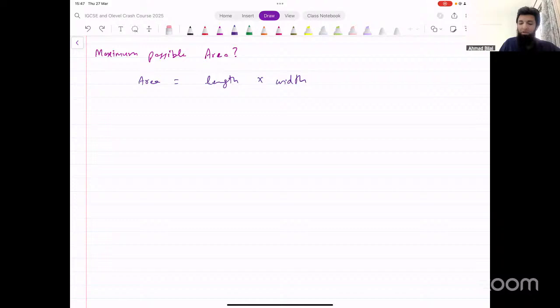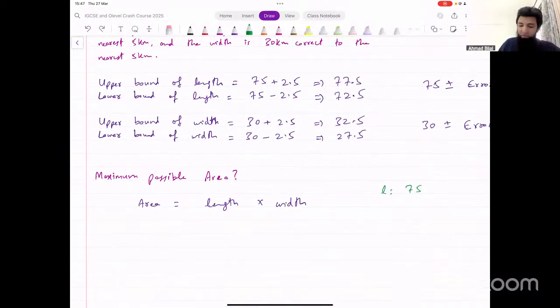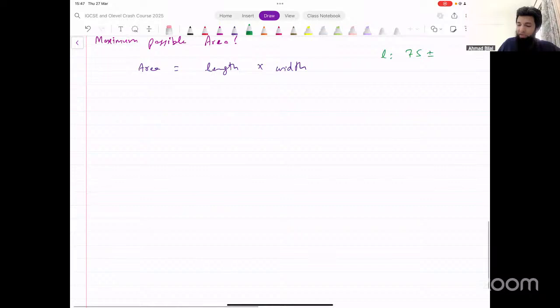We know that the length is actually going to be anywhere between 72.5 and 77.5. So we have a possible error of 2.5. And the width can be anywhere between 27.5 and 32.5. That means it also has a possible error of 2.5.